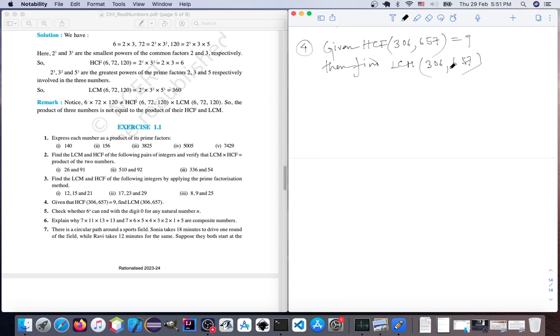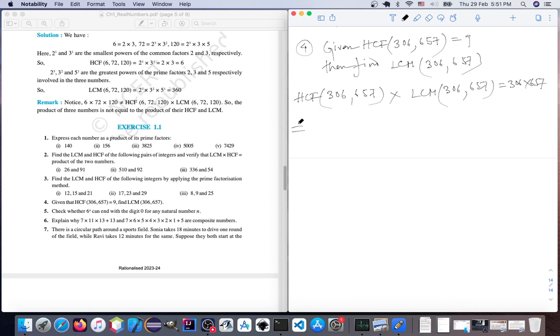So given HCF of two numbers is 9 and find LCM, so it is dealing with two positive numbers, and we know from the formula that the product of HCF and LCM of two numbers is equal to the product of the two numbers.